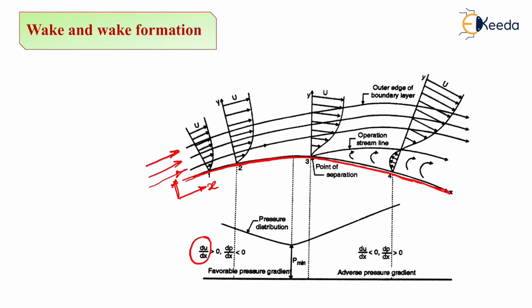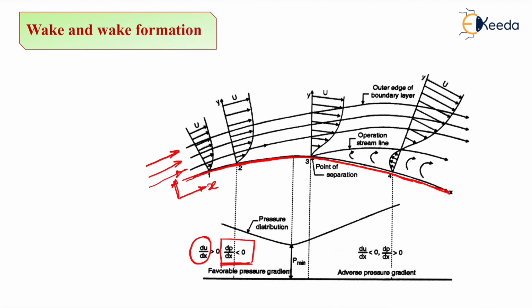It means that this rate is more or positive. And if I talk about drag force or pressure, then in that case dp by dx, change in pressure with respect to distance x, is less than 0. So less pressure is acting.